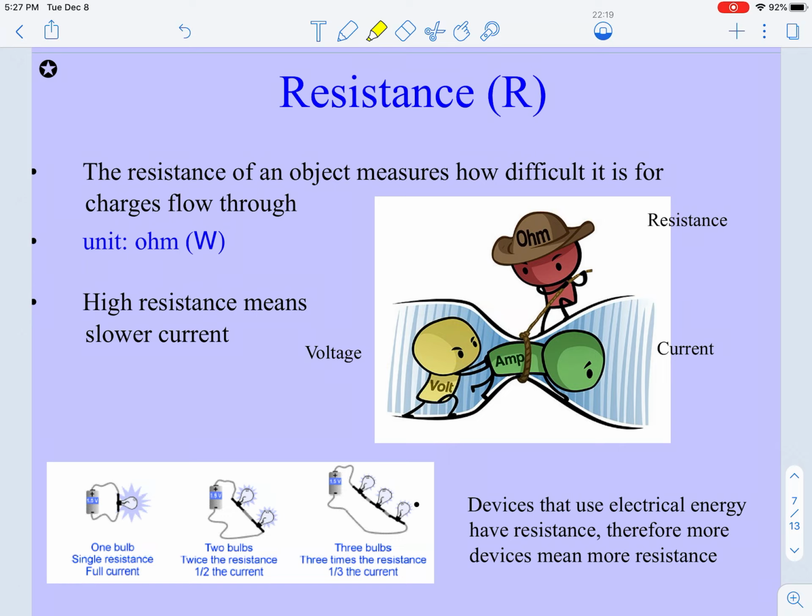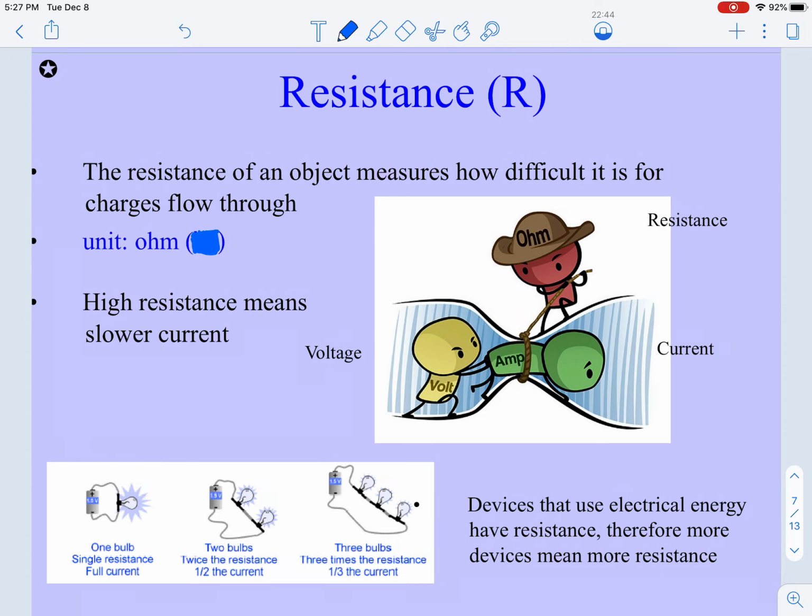And then we have resistance, which is our last new vocabulary word for this main set of vocabulary words that we need. So if we are looking at the illustration, we can see that the resistance, he sure is making it difficult for that poor little amp, that current, to flow through, right? And that's exactly what resistance is.